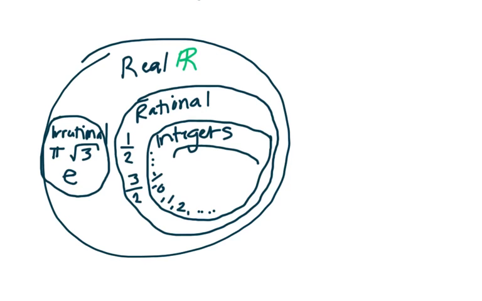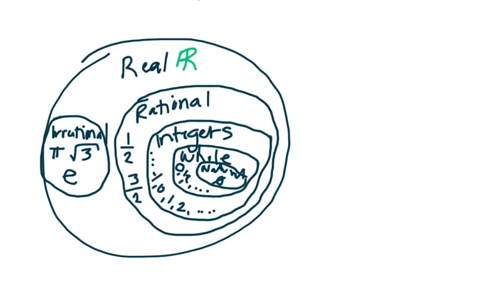Within integers, we have something called whole numbers. And whole numbers include 0, and then only positive numbers after that. And then all the way inside of that are your natural numbers, and 0 is not included in there. So again, all of this is your real numbers, hopefully numbers that you've seen so far.